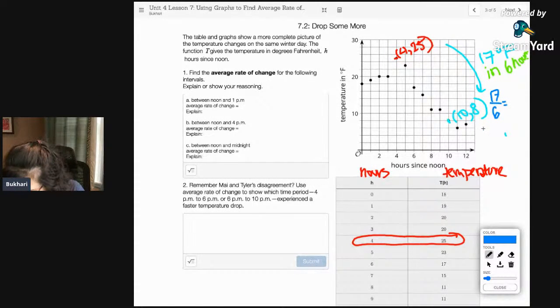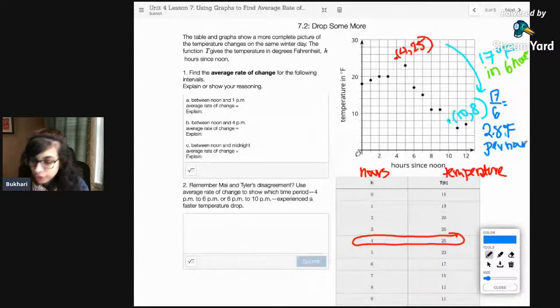This is around 2.8 degrees Fahrenheit per hour. Right, I want to find out at each hour what is my average rate of change. So if I am decreasing from 25 to 8, I'm decreasing by 17 degrees Fahrenheit, and that is in a time interval from 4 p.m. to 10 p.m., which is 6 hours.